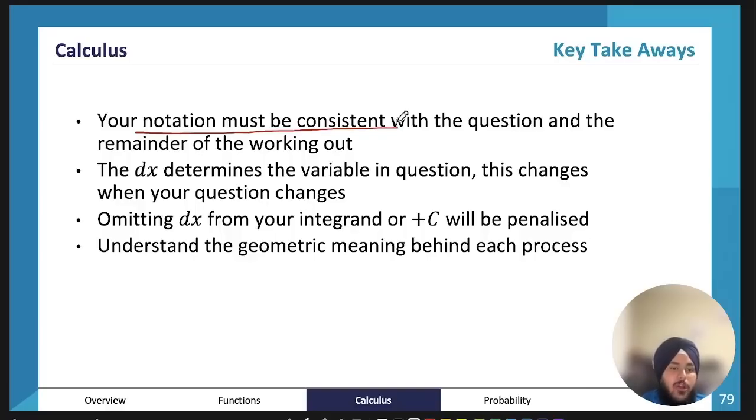In terms of integrals, remember if you have an integrand, follow that by a dx sign. Don't just have one or the other. And also remember the plus c when you're doing an indefinite integral. And in terms of areas, I would recommend actually drawing out the function that you're determining the areas for, so that you can determine what actual area you're determining, as opposed to just two random functions which you're trying to determine the area for.